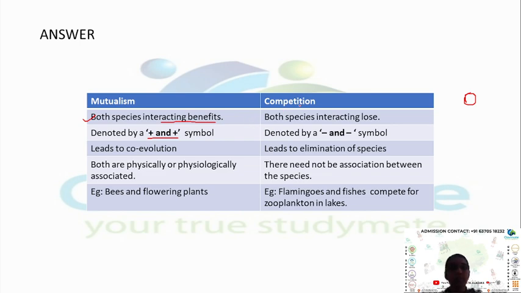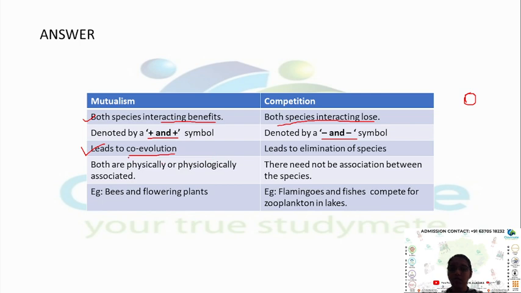So in competition, both species interacting will lose. That is, they are affected in some way or the other. So they are denoted by a minus and minus symbol. Mutualism will lead to co-evolution. Since both species are interacting together, if one species evolves, the other species should evolve.